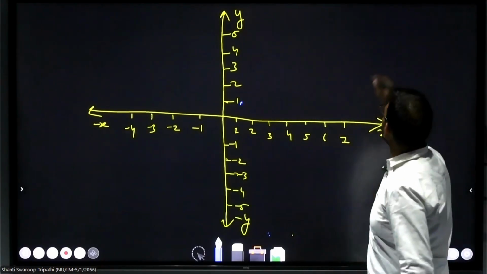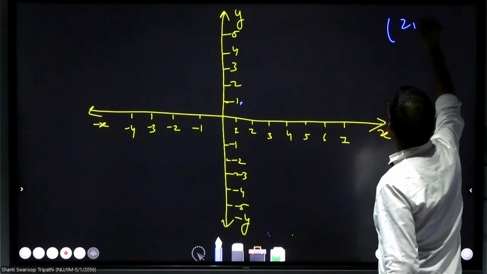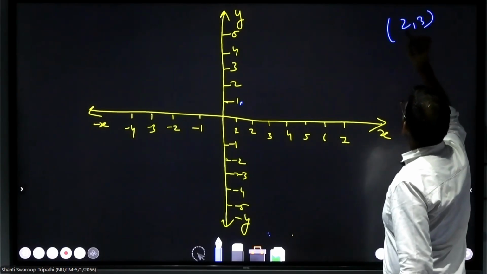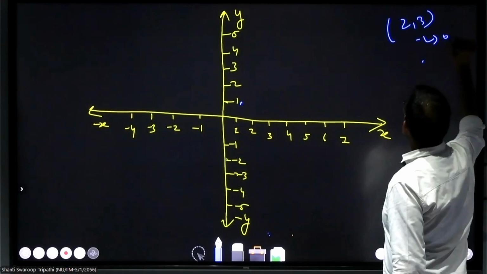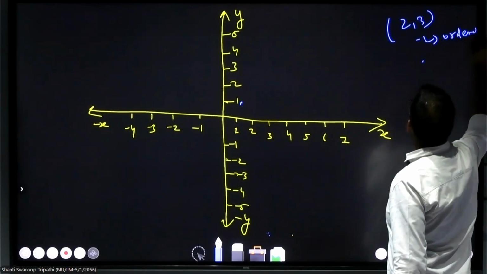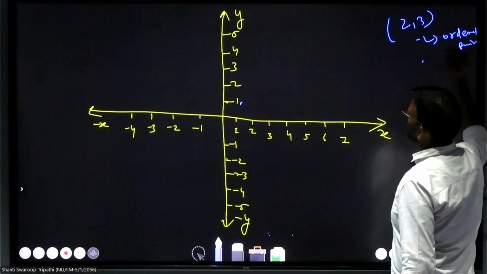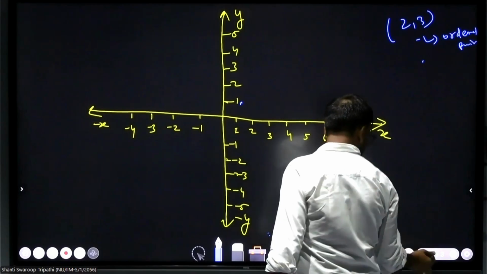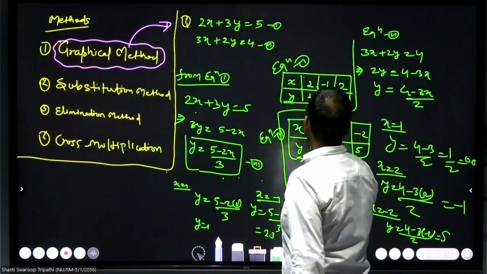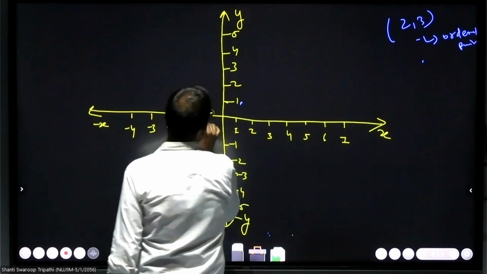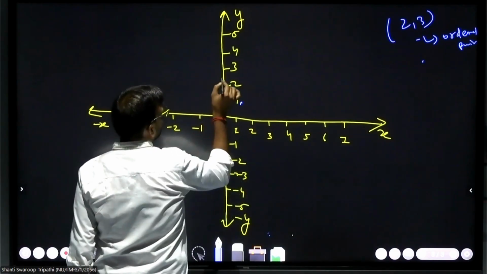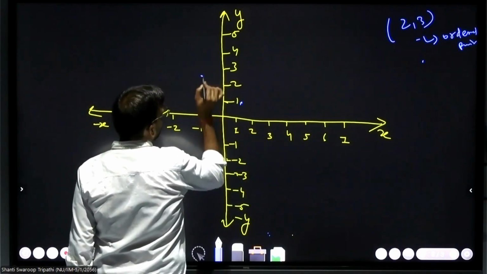If it is written like 2, 3, always this will be the x-axis and this will be the y-axis. This is called the ordered pair. So we have another value, that is minus 1, 2.3. We are going to plot here minus 1 and 2.3.